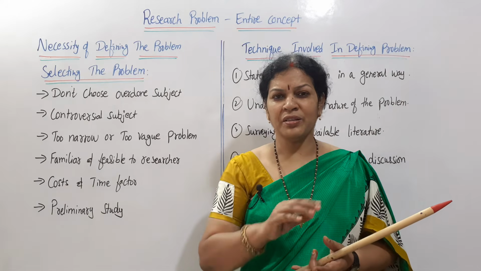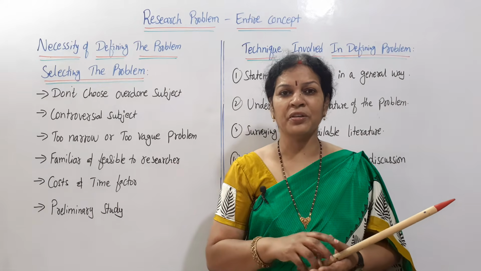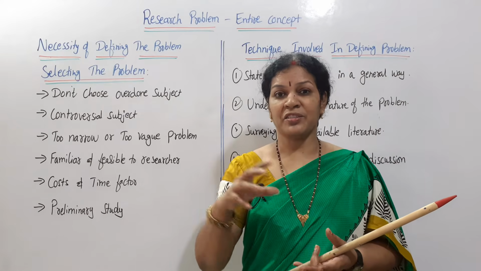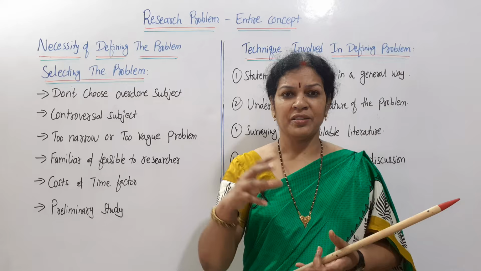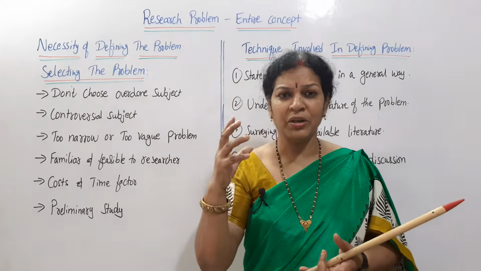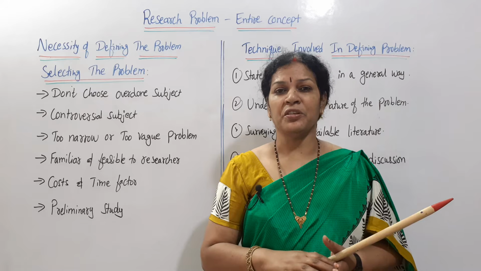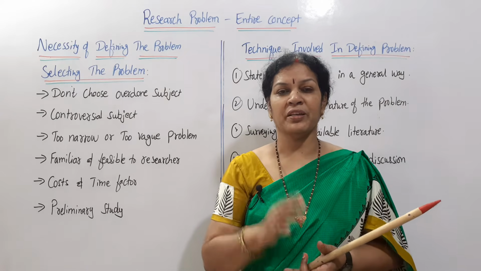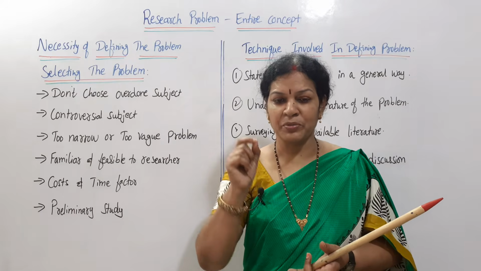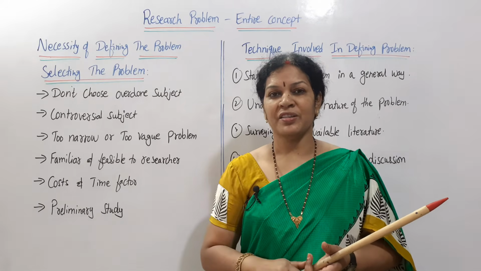Are you focusing only on the industry point of view? Are you considering any other factors like paddy, agriculture or horticulture, in what way you want to measure it? So that could be a problem. Whatever problem you are choosing, defining the problem itself is very important. Then after that, researching is easy.